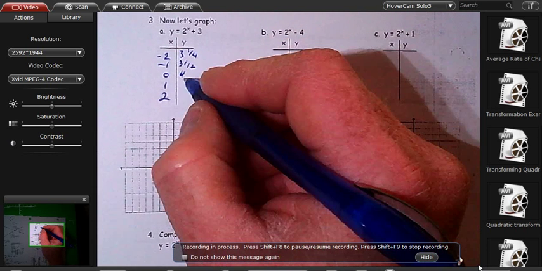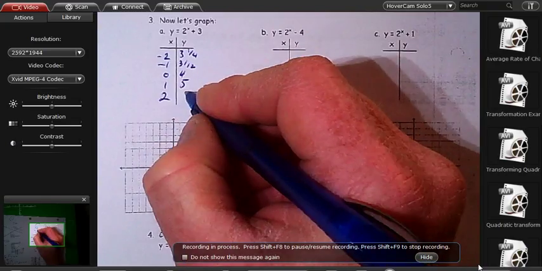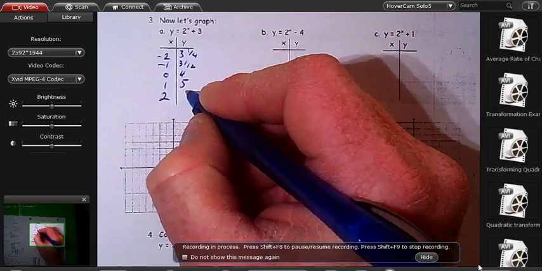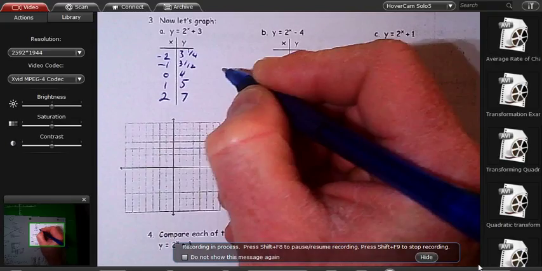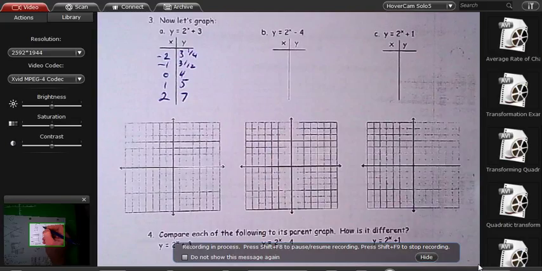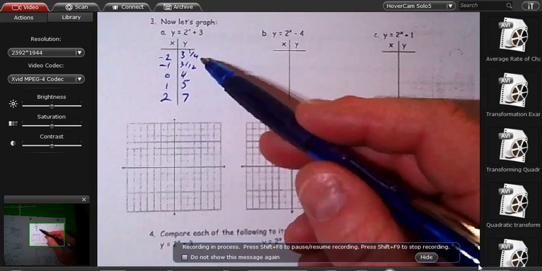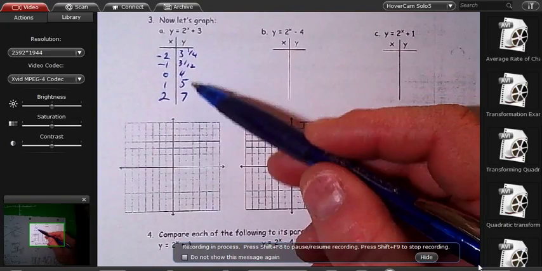And then 4 plus 3 is 7. All right, so these are our values. Now look, this was not complicated. The only thing I did was add 3 to the original function.